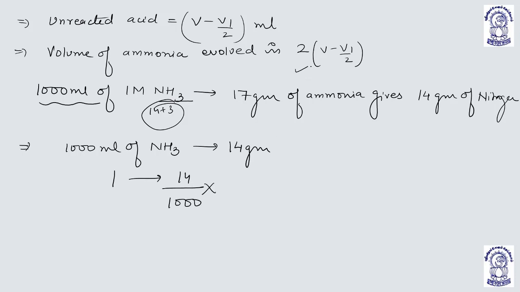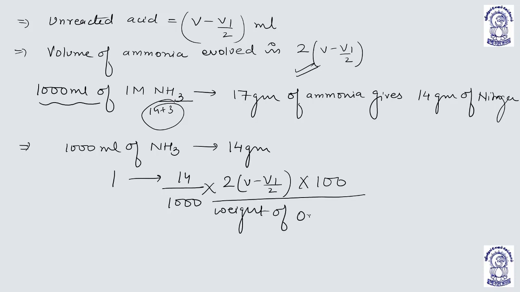Now this amount of ammonia gas is evolved. So into 2 V minus V1 by 2, into 100 upon weight of organic compound. We have to multiply the molarity as well, because if we are taking H2SO4 and NaOH, it's okay.